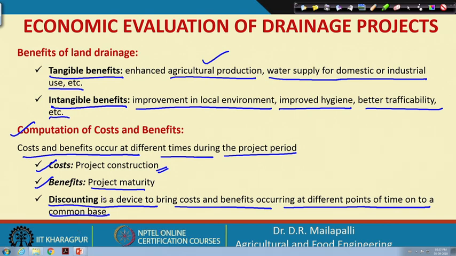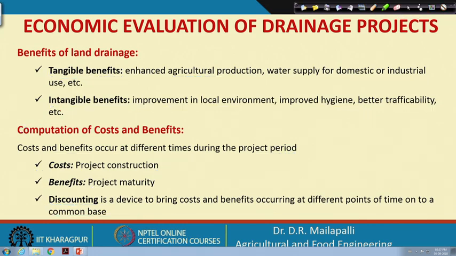For that, discounting cash flow analysis is very important. Discounting is a device used to bring the costs and benefits of different timelines to the same timeline and compare them.